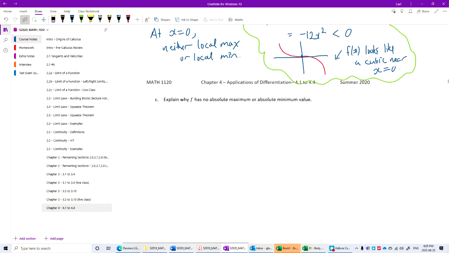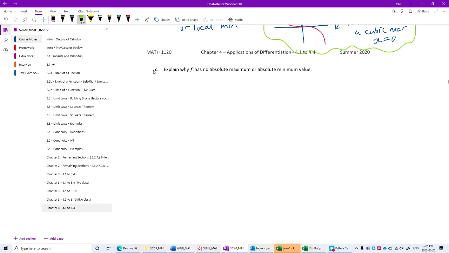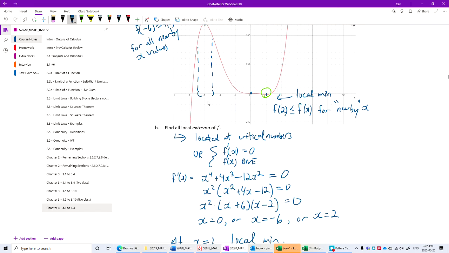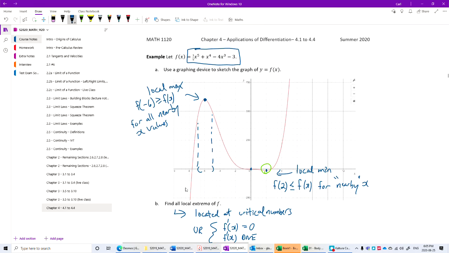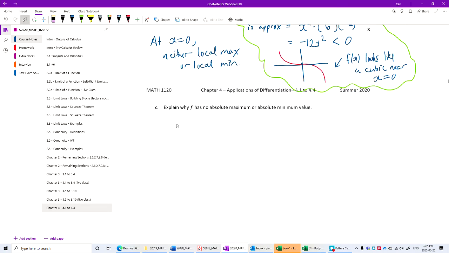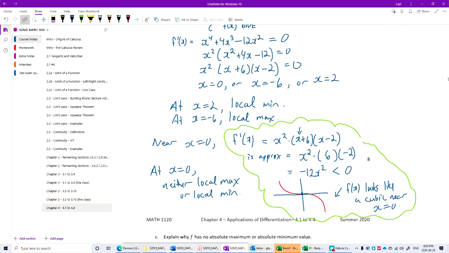Okay, now last part here. Explain why f has no absolute max or absolute min value. It only has these local ones. Well, the reason is that if you take the limit as x goes to infinity of f of x, what are these terms?